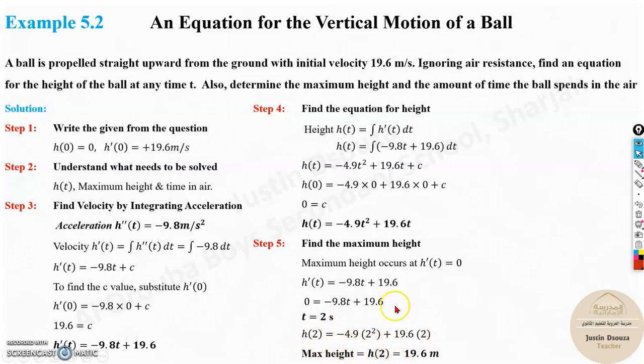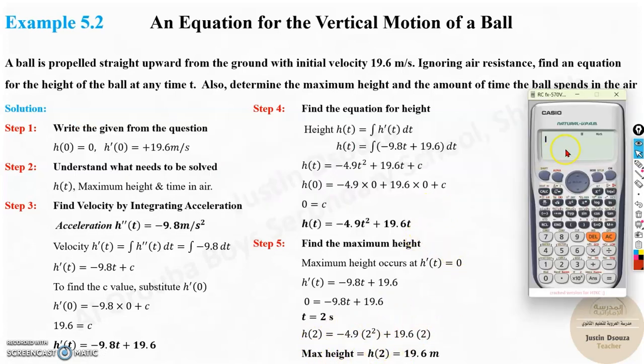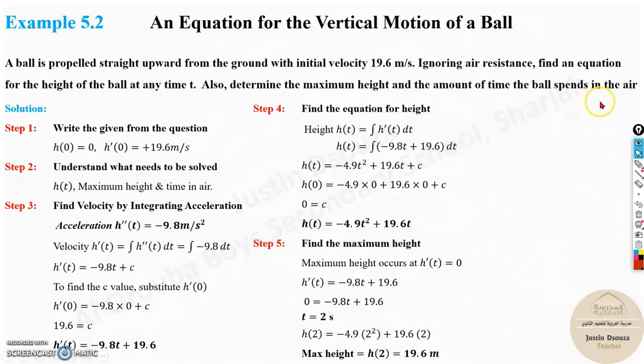If you put this in the calculator, minus 4.9 multiplied by 2 square plus 19.6 into 2, this is the answer, that is 19.6 meters. So this is the maximum height. So we have found the second thing as well, but we have not found the last part, how much time is spent in the air by the ball.